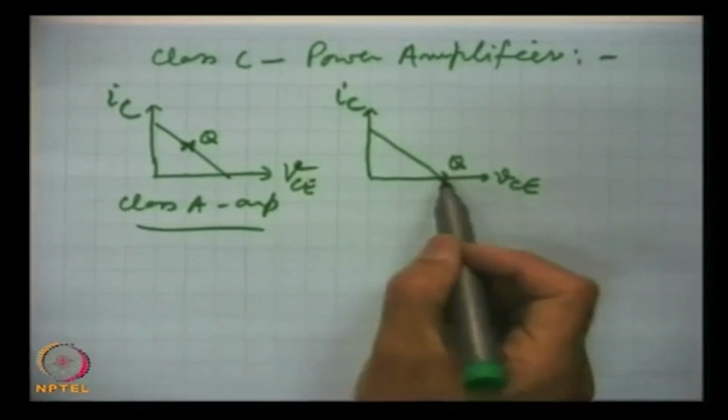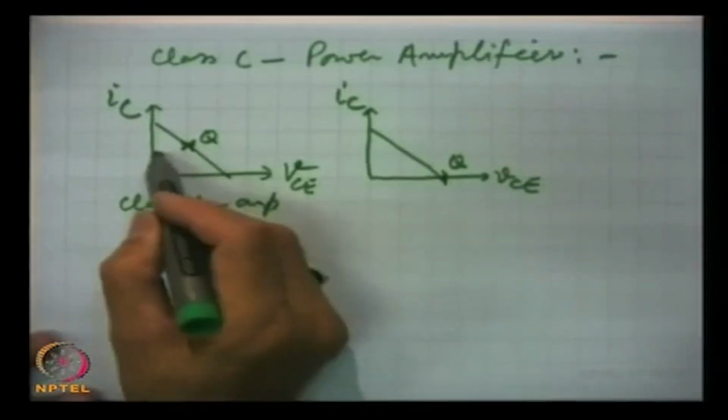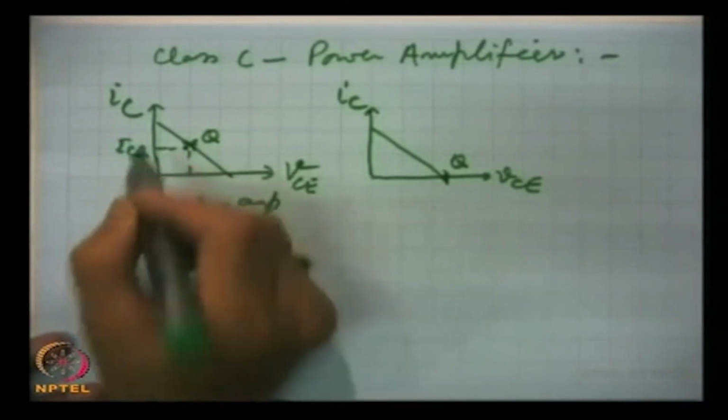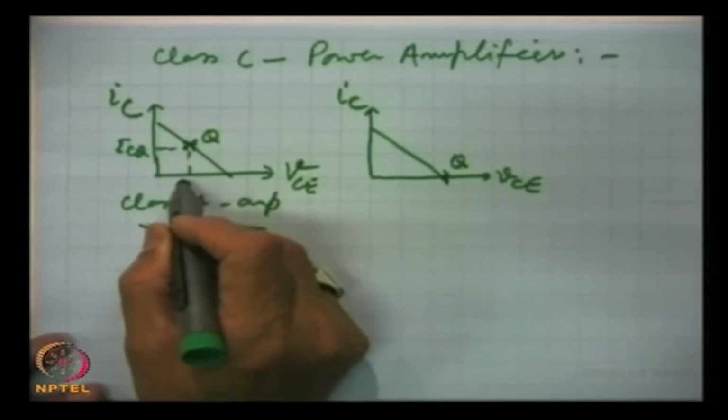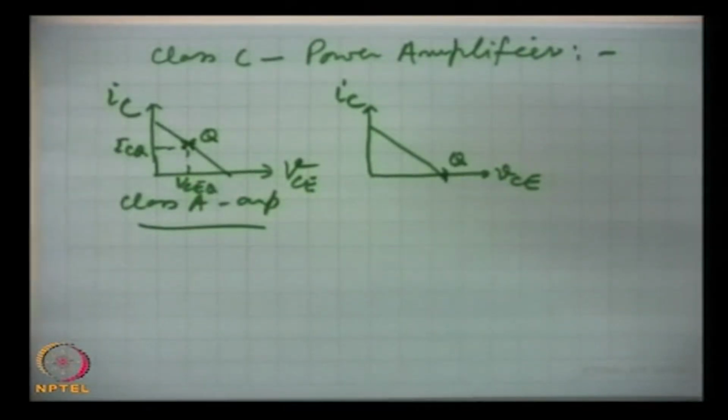So when there is no signal, this is one physical reason why the efficiency of class B operation is high, because in this case, even when there is no signal, the current ICQ and this voltage VCEQ, so 50% current continues to flow in the circuit, and that is a sheer loss.